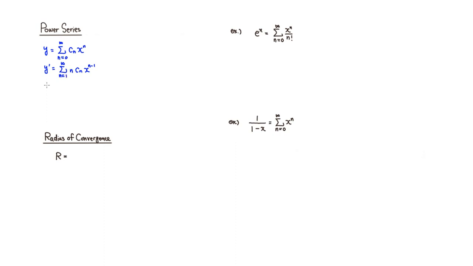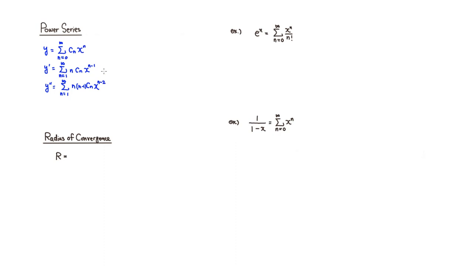If you take another derivative, the second derivative is done the same way. It's a summation, n goes from 1 to infinity. N is just a number, and Cn is just a number. If you take the derivative of x to the n minus 1, you put n minus 1 in front, then subtract 1 from the power, so n minus 1 minus 1, which is n minus 2.